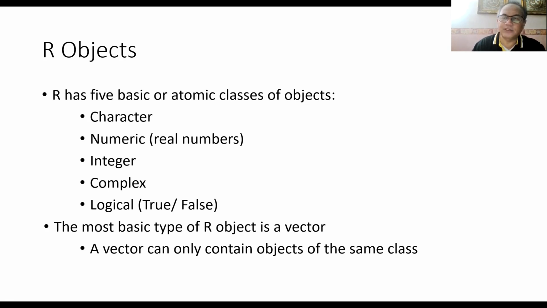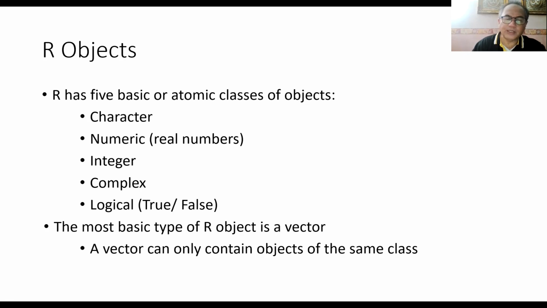Or it can also be numeric, meaning you can calculate the number. Numeric, we have real numbers and integers. Integers are not real numbers, meaning you have 0.2, 1.1, and so on. Integer is 1, 2, 3, 4, 5, or a complex number, or it can be logical, true or false. So these are the 5 basic atomic classes of objects for R.